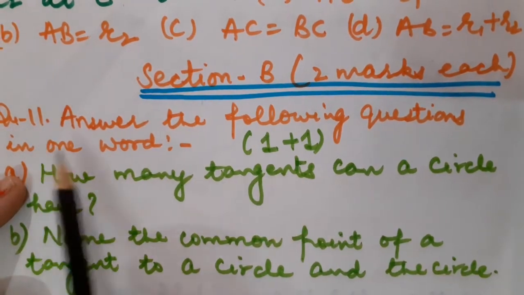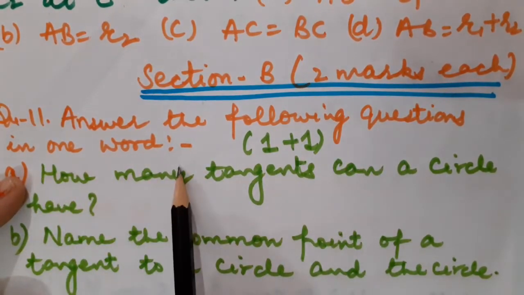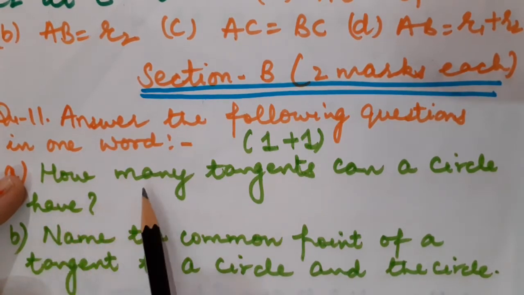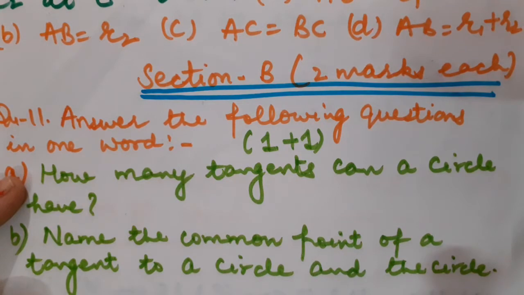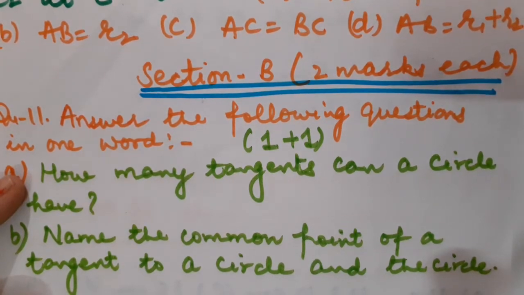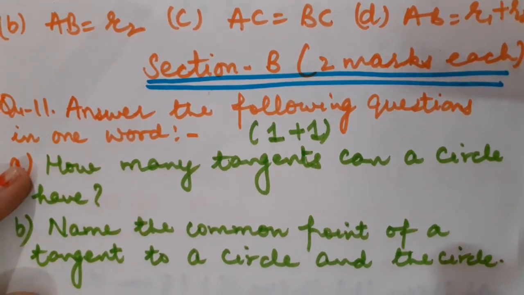Question number 11. Answer the following questions in one word. First one is, how many tangents can a circle have? Of course, there can be infinitely many tangents because a circle is nothing but a collection of infinitely many points. From each and every point one tangent can be drawn.